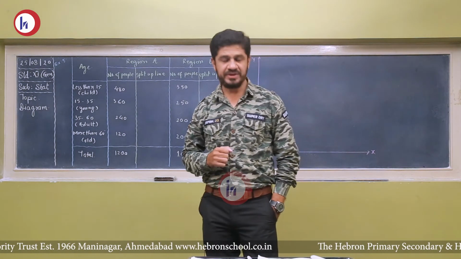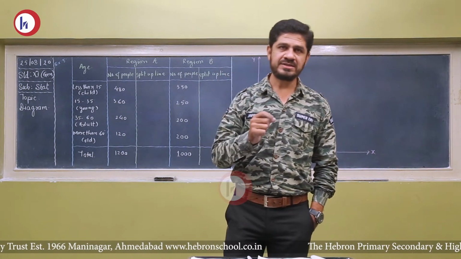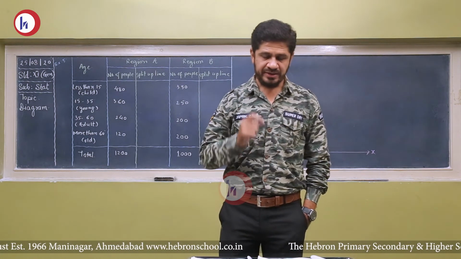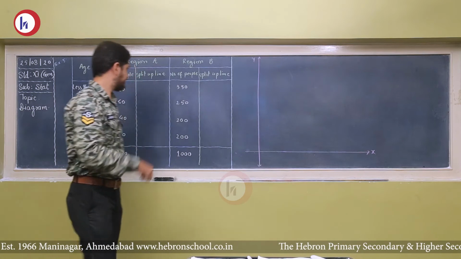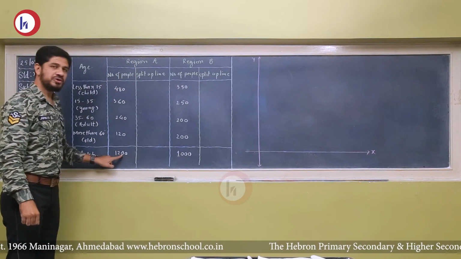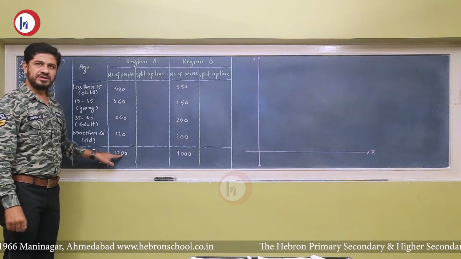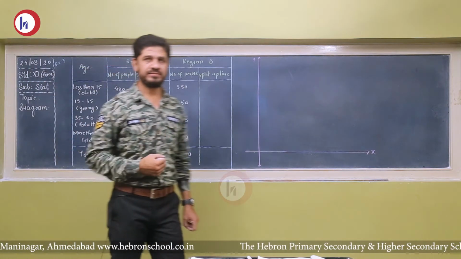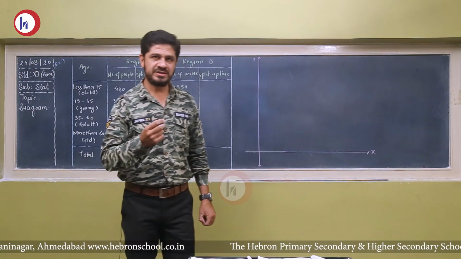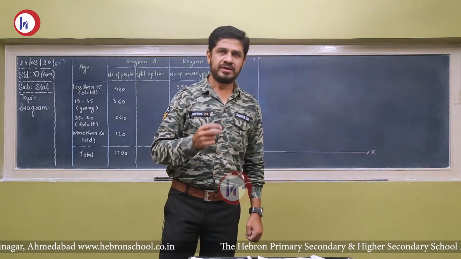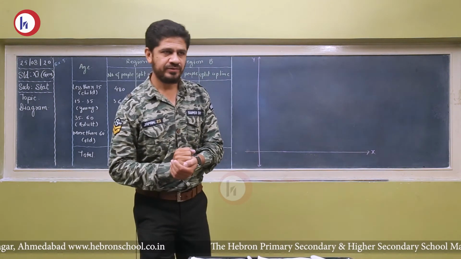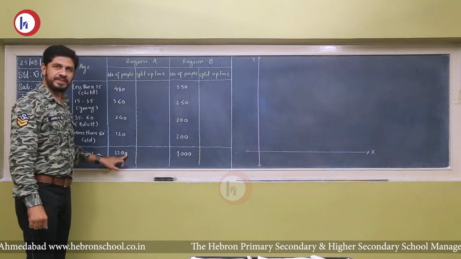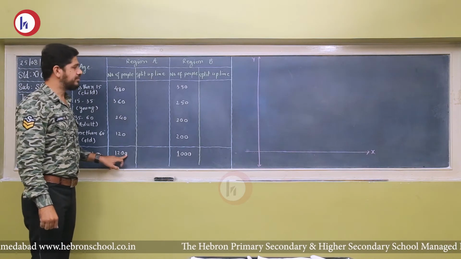But students, on page number 47, the last line of the first paragraph strongly says that if the total is given, we will draw the divided bar diagram.